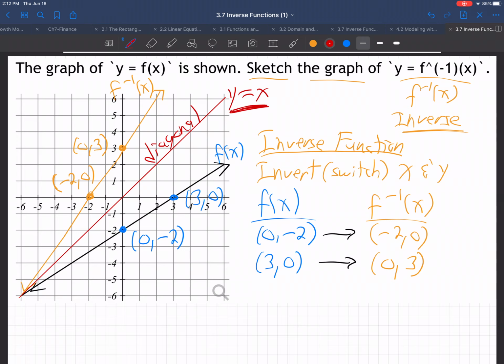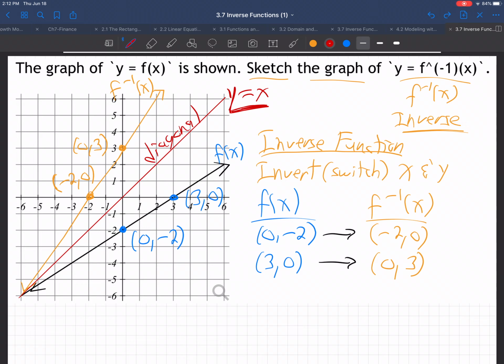Why do I say it's the line y equals x? Because every point on that line, like 1, 1, 2, 2, 3, 3, has the same x and y values. Every point on that line, the y and the x are equal. We call that the line y equals x.